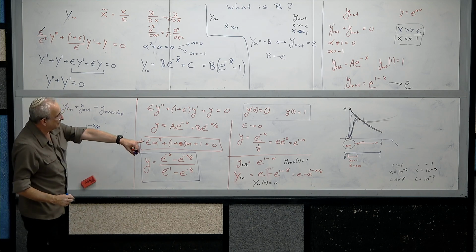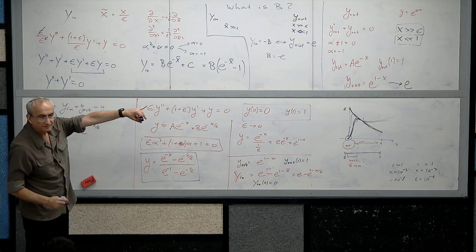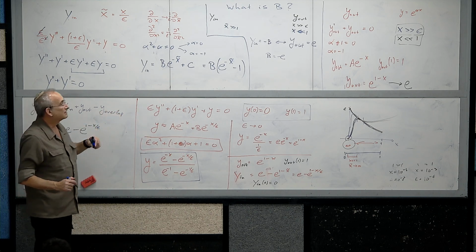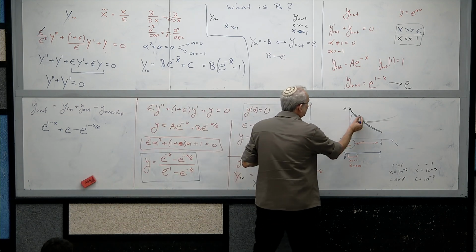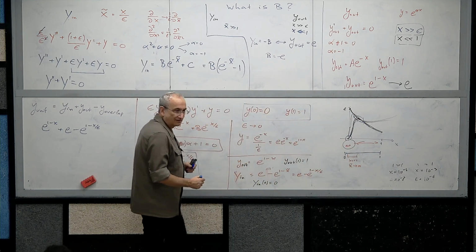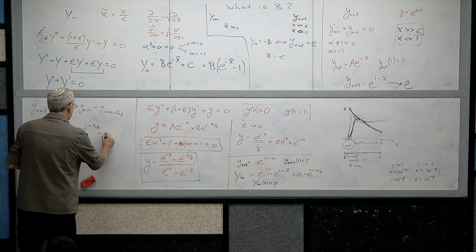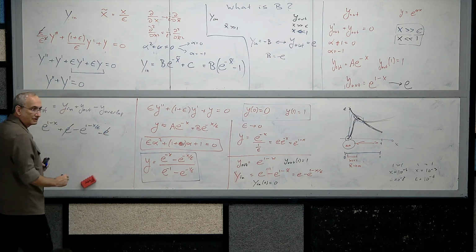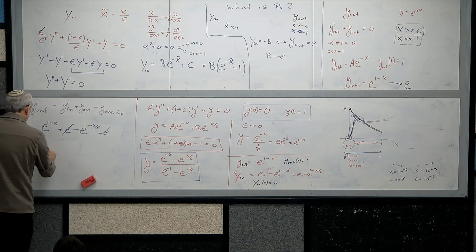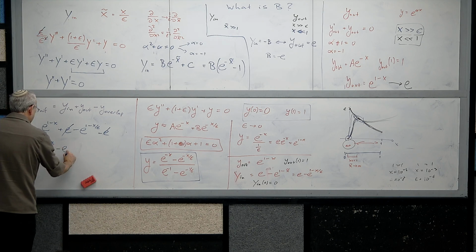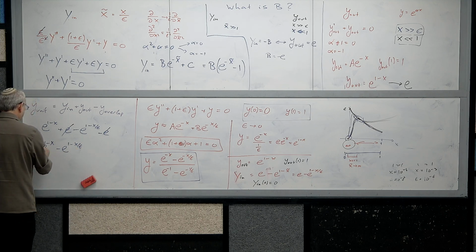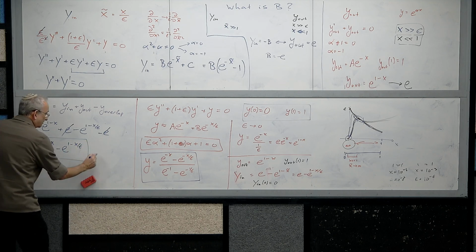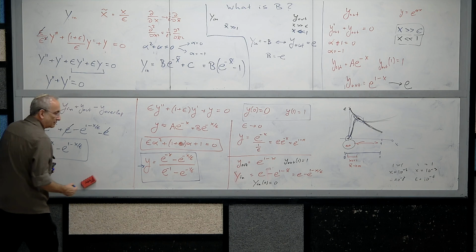The overlap here is a constant, e. The value of both functions in the overlap region is e. So I have to subtract e, and you see that the e and the e cancel out. The uniform approximation is e to the 1 minus x minus e to the 1 minus x over epsilon, to be compared with the exact solution.